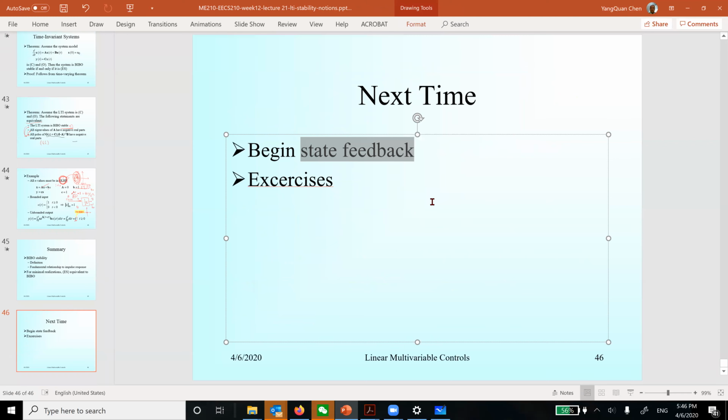And state feedback is the foundation of output feedback. Sometimes, because you want the state feedback, not all states are measurable. The states are internal to the system. So this Wednesday we're going to start state feedback.